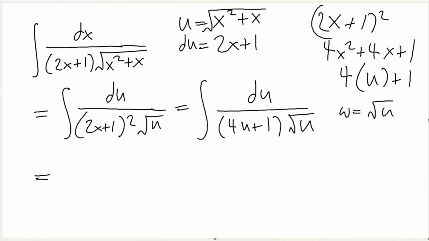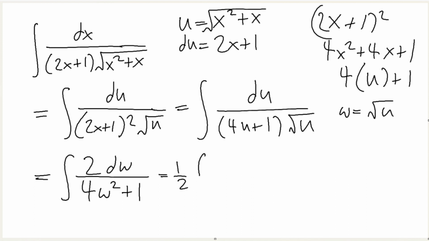So this is just 2 dw, and then this is 4w squared plus 1. And now I'm going to go ahead and divide the 4 out. We get w squared plus 1/4.